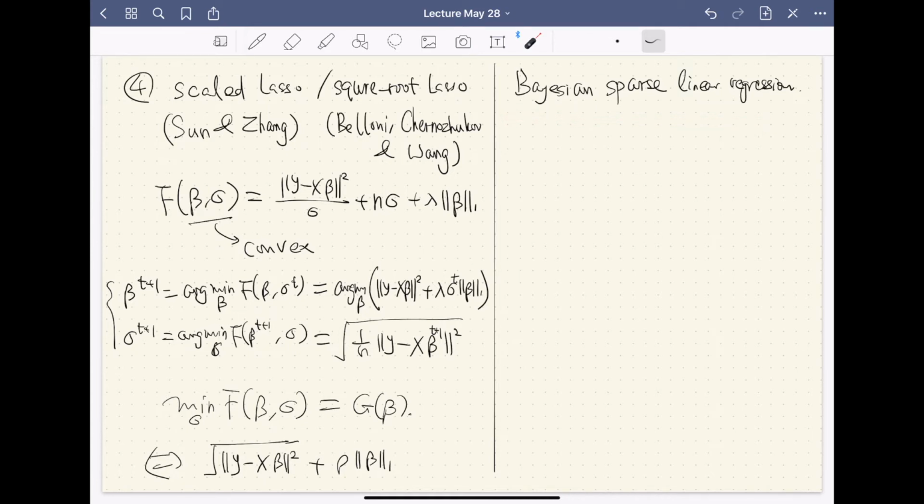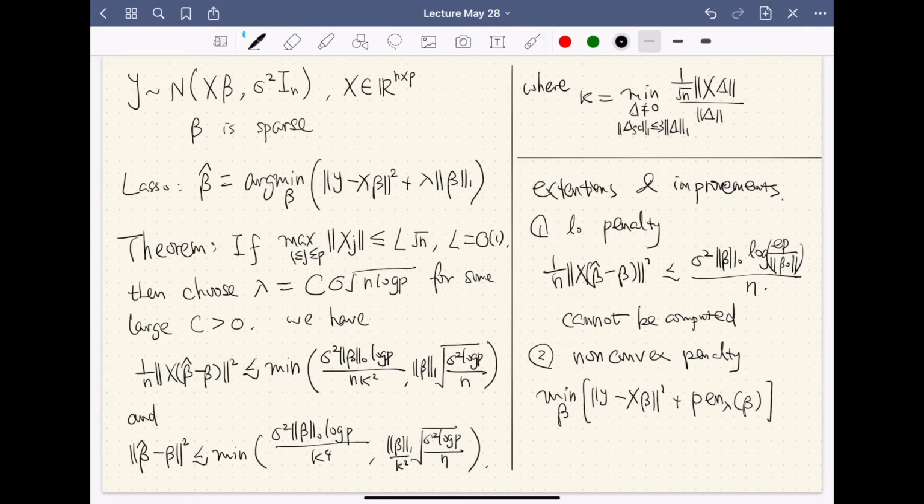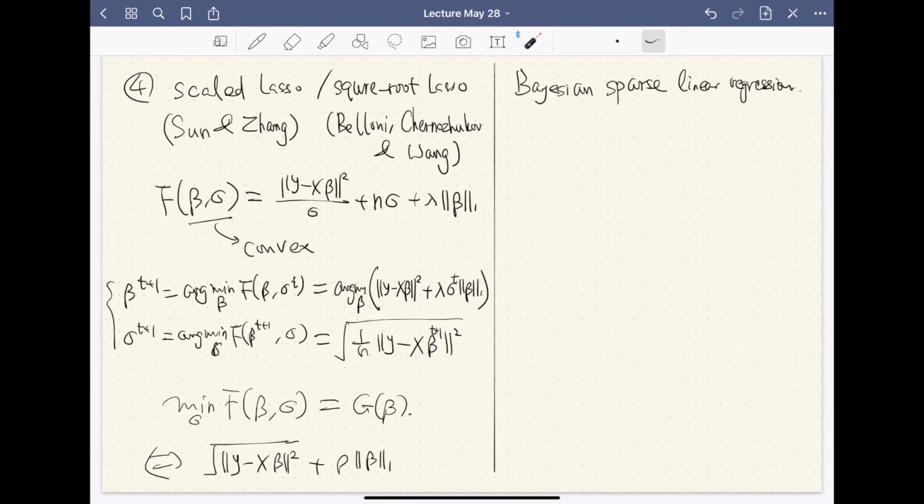Okay, so first of all, I want to briefly talk about how you can actually view the Lasso method as a Bayesian method, right? So the Lasso actually works with the sum of two functions, and the first function is the negative log likelihood. So you can also write the Lasso estimator as argmax over beta of e to the negative 1 over 2 sigma squared times y minus x beta squared, minus the penalty function.